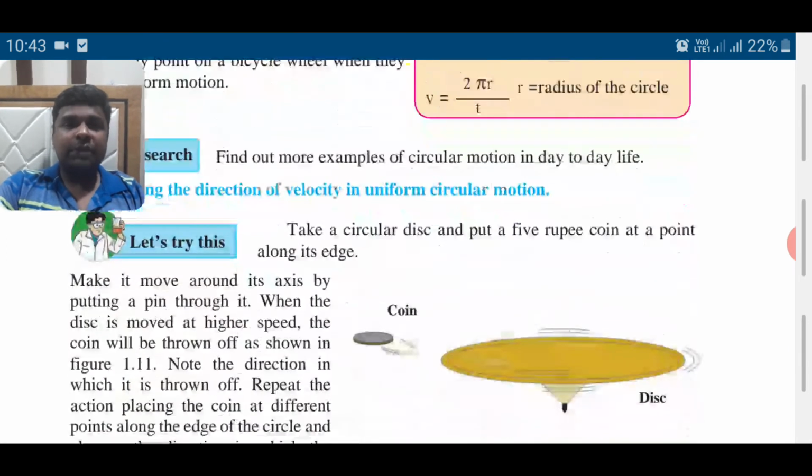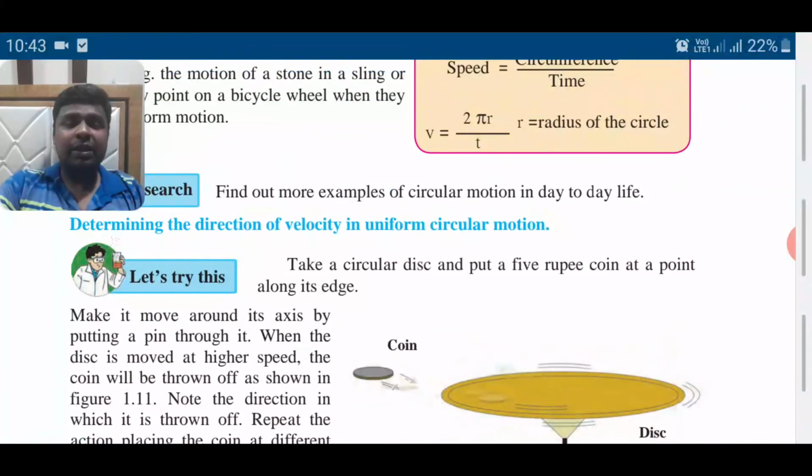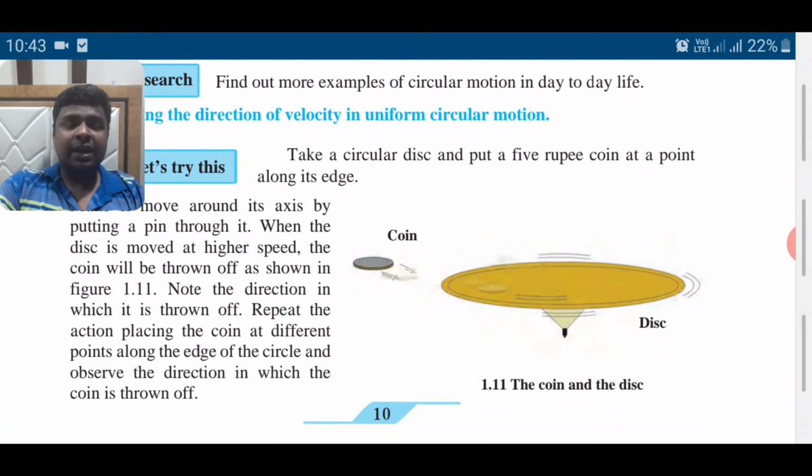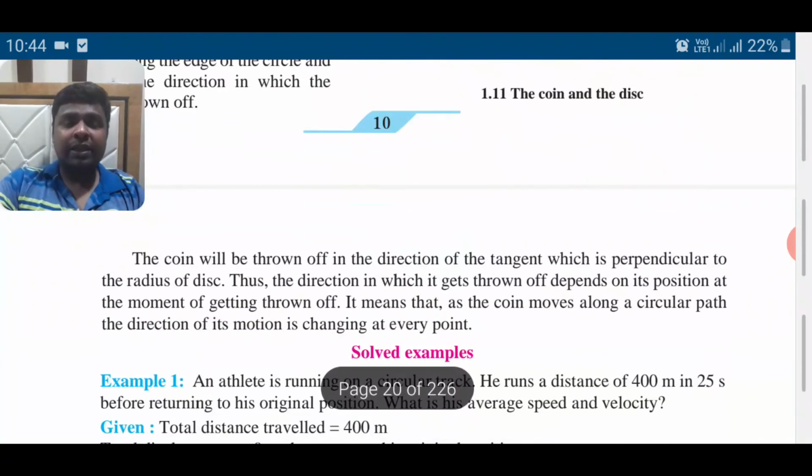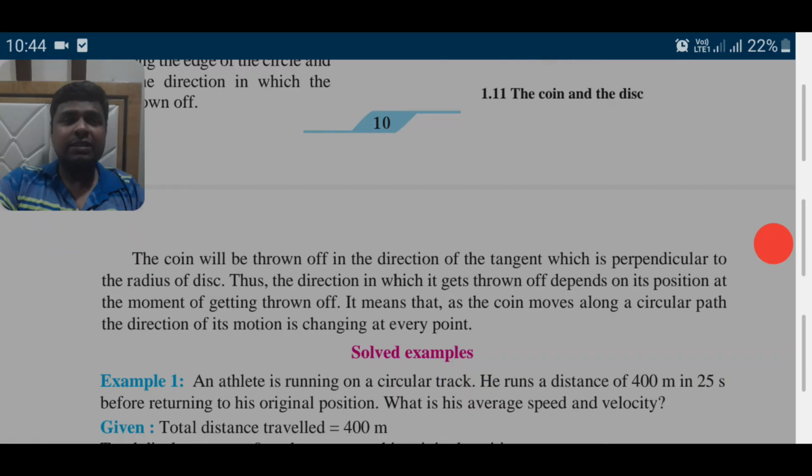We can see one more example here, determining the direction of velocity in uniform circular motion. Suppose you have a disc that is moving continuously and you keep a coin over it. What will happen? The coin will go tangentially. That is because the direction of motion at every point on this disc is along the tangent.